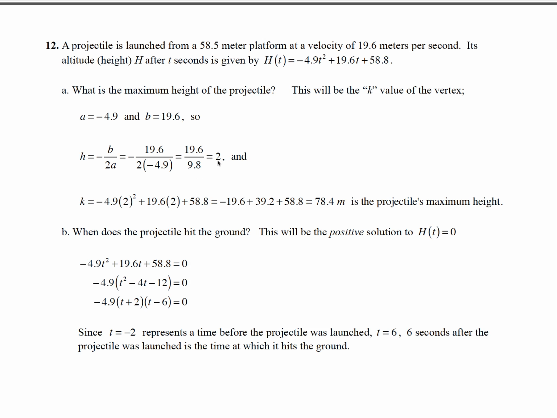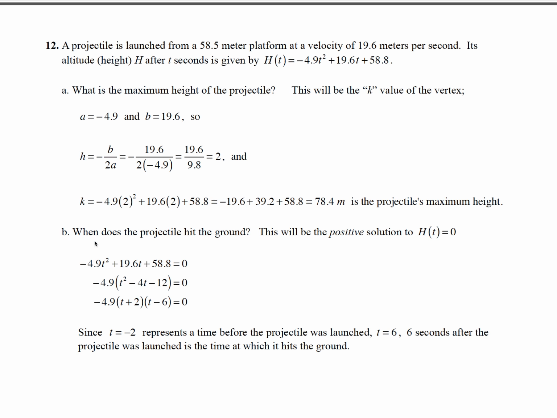So that's an easy number to evaluate this function for. 2 squared is 4. 4 times -4.9 is -19.6. 2 times 19.6 is 39.2. And when you add all these three values up, you get 78.4 as the k value, which is the projectile's maximum height.